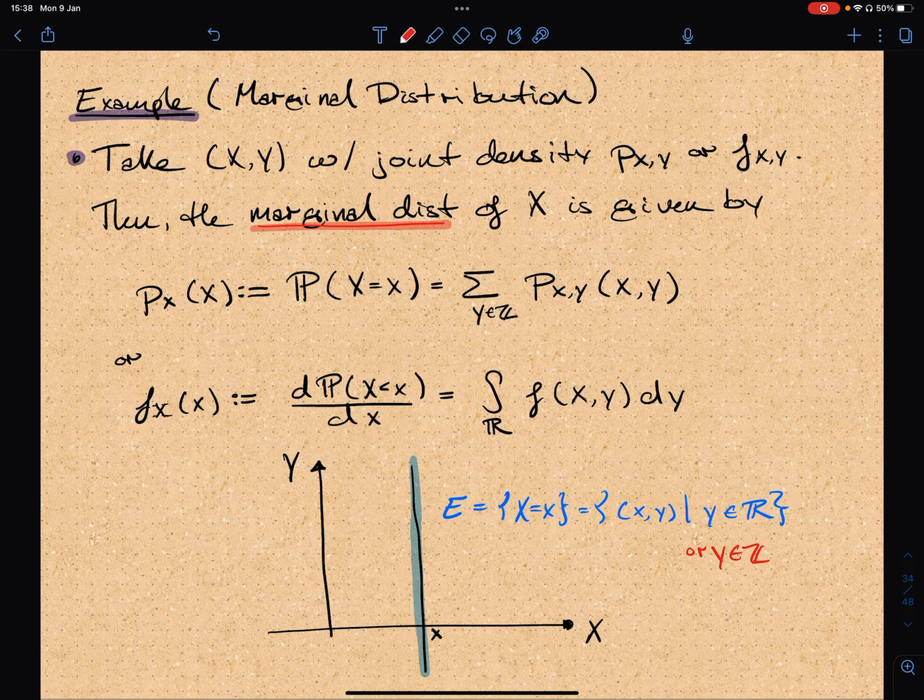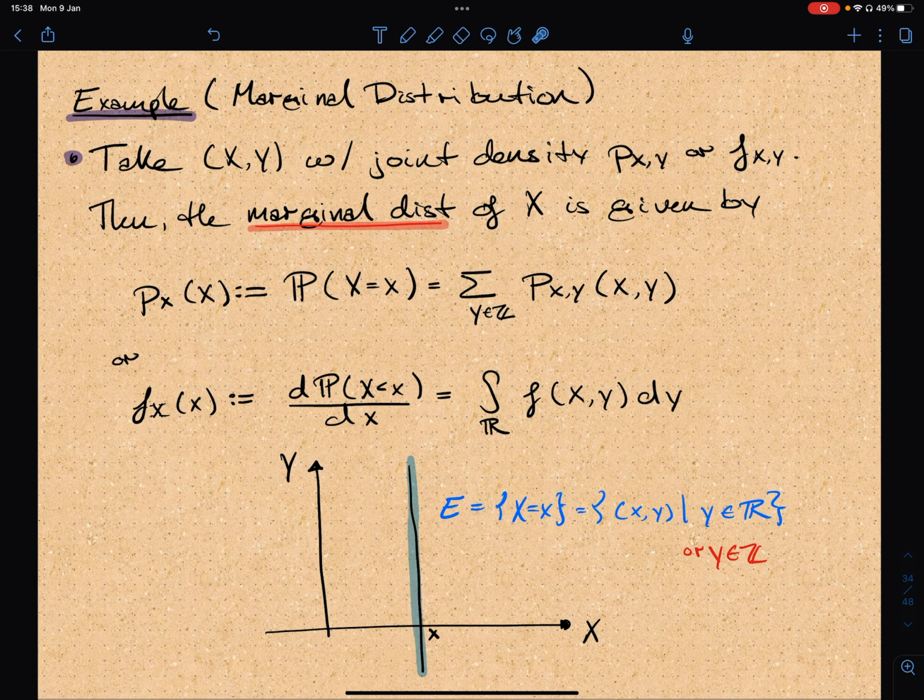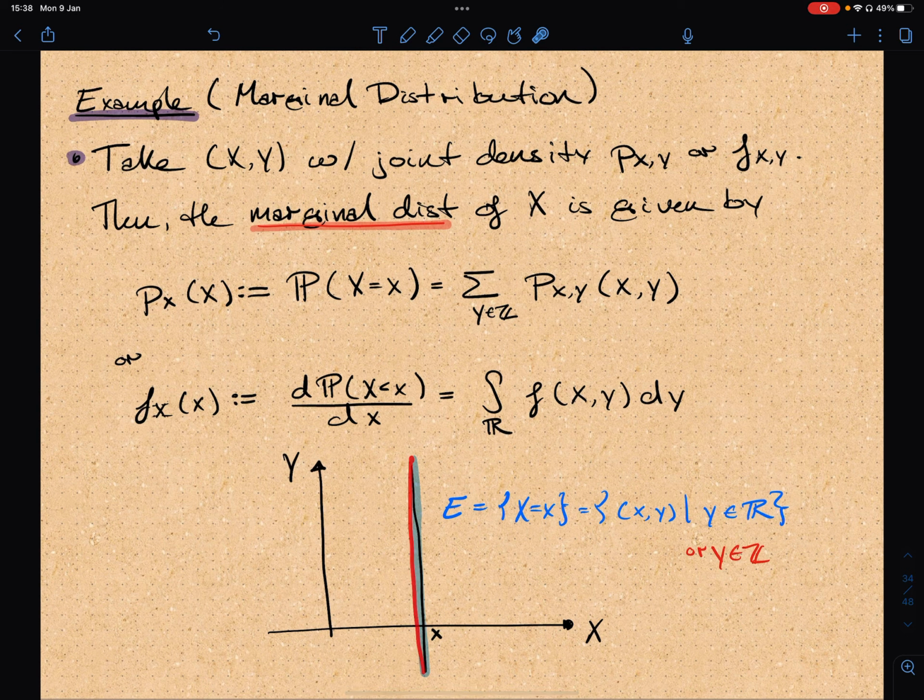And this is the general recipe for computing the probability of certain events using a joint probability density. You figure out the event, draw it on the domain of possible values of x and y, and then sum over the region that corresponds to E.